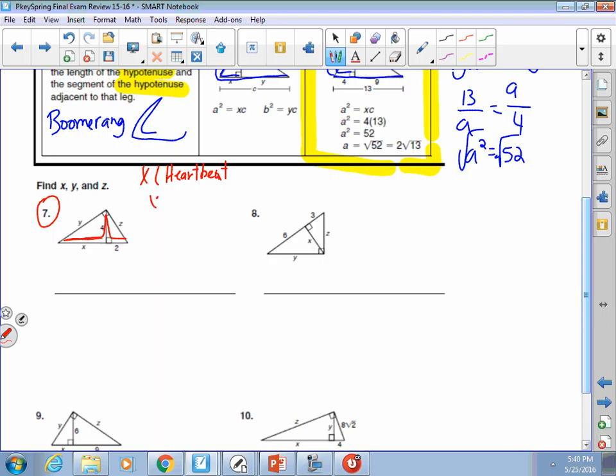I'm going to go from x to my altitude, which is 4, then 4 over, and I believe this is 2. So we cross multiply. This is 2x equals 8. Oh no, 16. Sorry, jumping the gun. And then divide by 2. X equals 8.